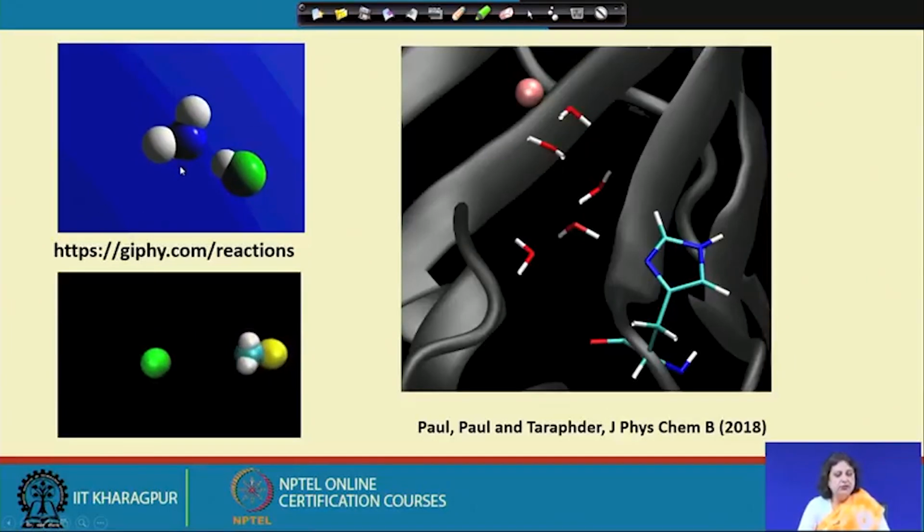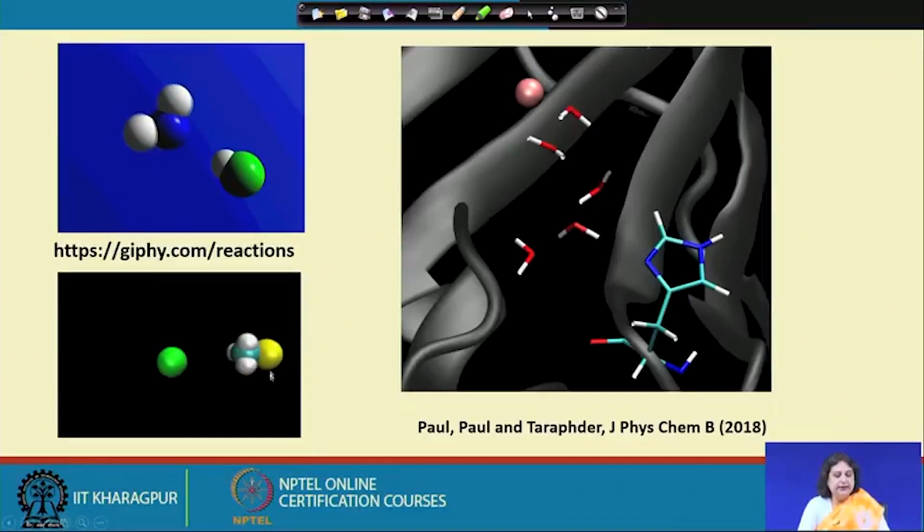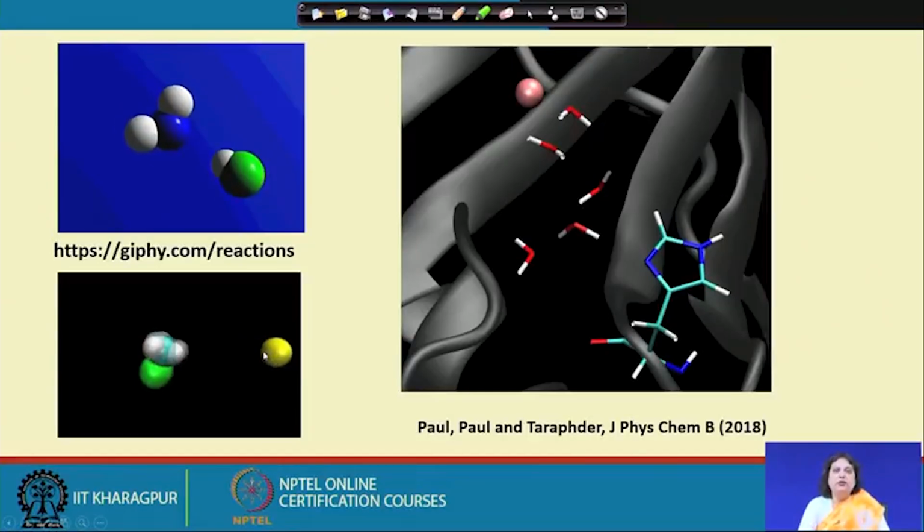For example, here you see that this molecule approaches this molecule and takes one atom from it and leaves. On the other hand, in this particular case, you see that the green molecule comes in and takes away a group like this, an NH3, which was probably coordinated to the yellow atom, and takes it away.